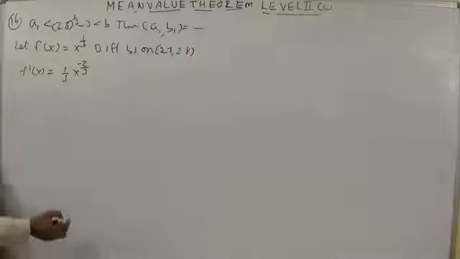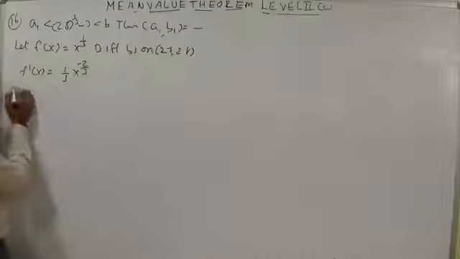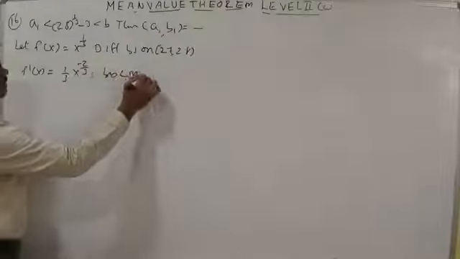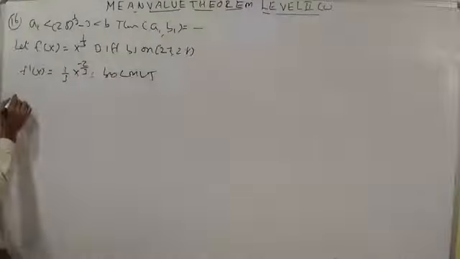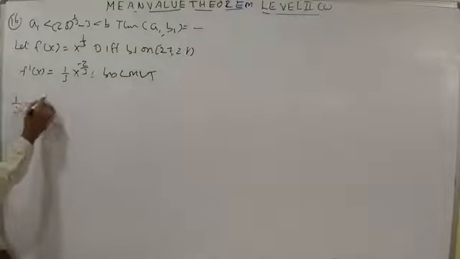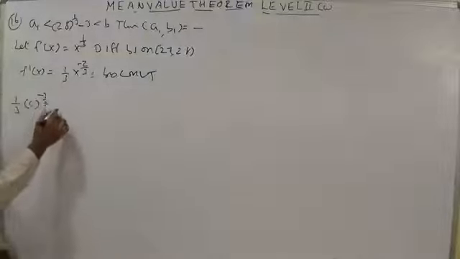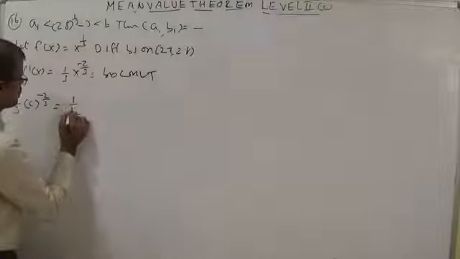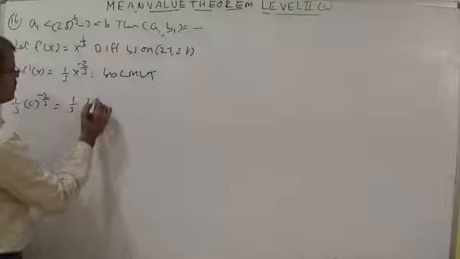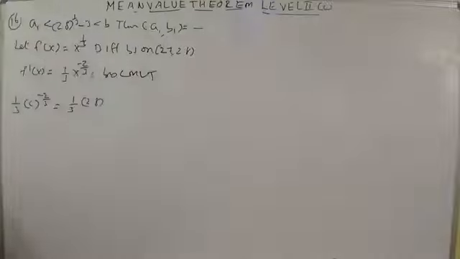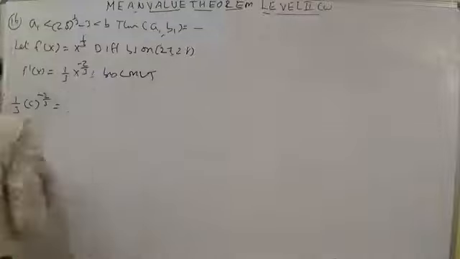So by Lagrange's mean value theorem, by LMVT, we can say f'(c) = 1/3 c power minus 2/3, which is equal to (f(28) minus f(27)) by 1, where f(28) is 28 power 1/3.